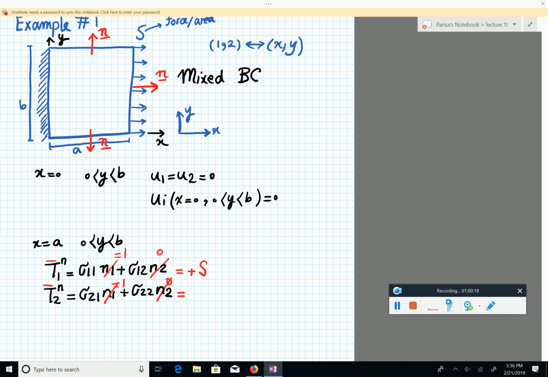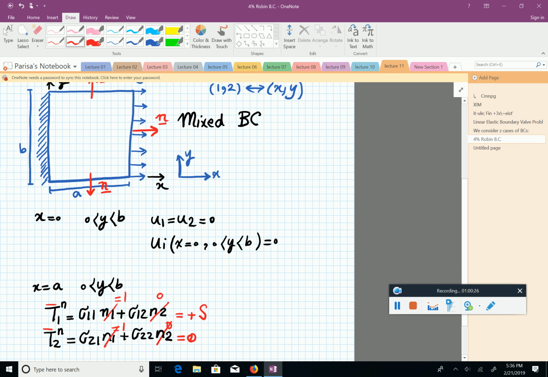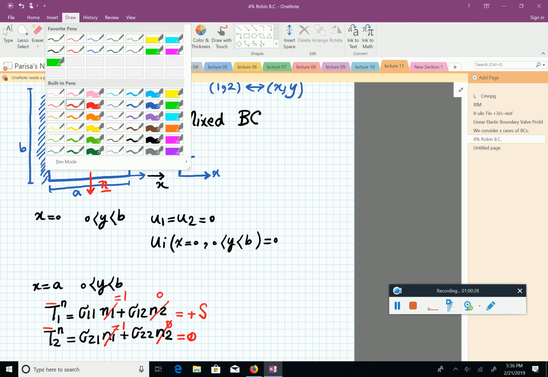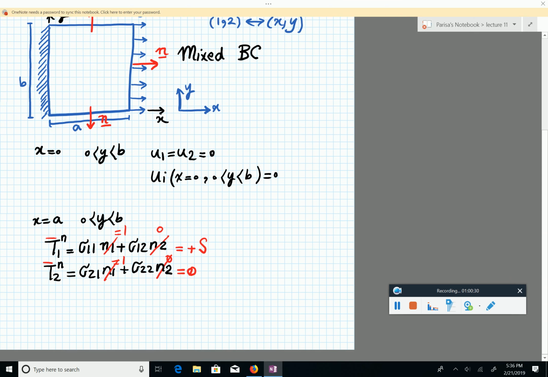If it's 0, it doesn't mean that it doesn't matter. It's important, right? So, now putting this back together, this becomes what? Sigma 1 1, or you can write it if you like, sigma xx. The book drops one x, I don't like it, please don't do it.